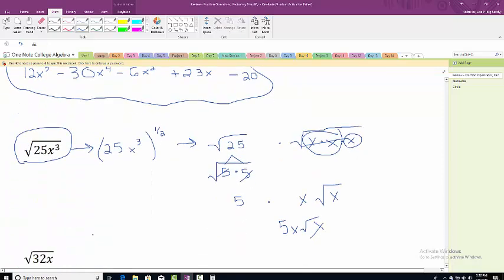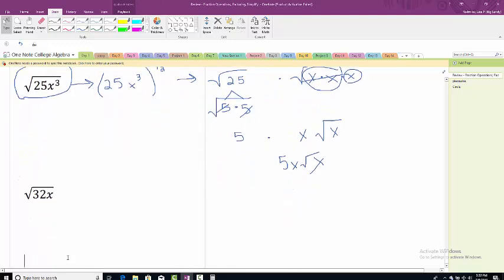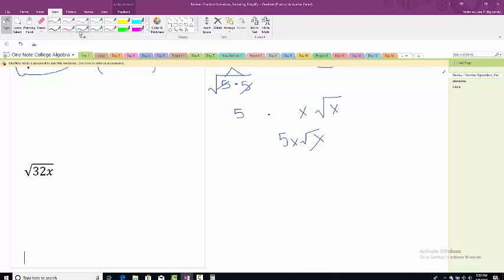Okay, let's do another one. In this case, we got square root of 32x. So we're going to break it down to 2 different things. The square root of 32 times the square root of x.